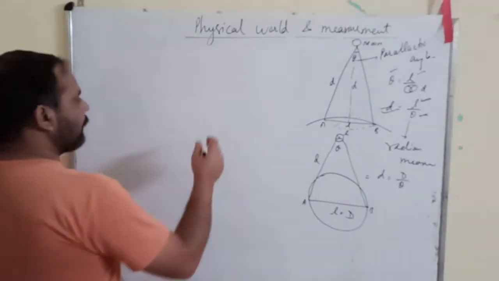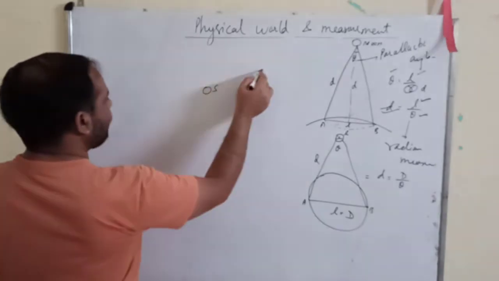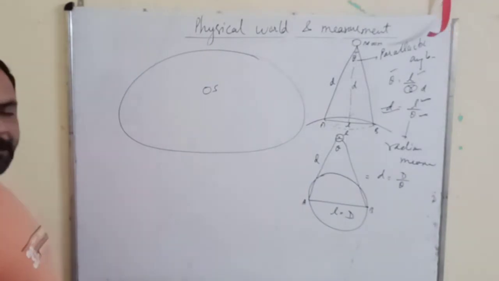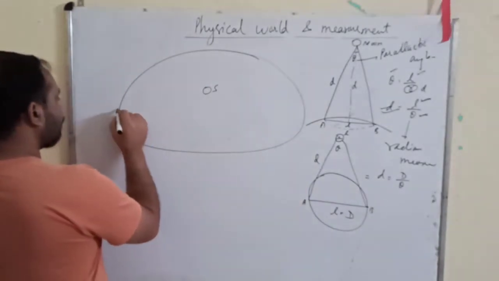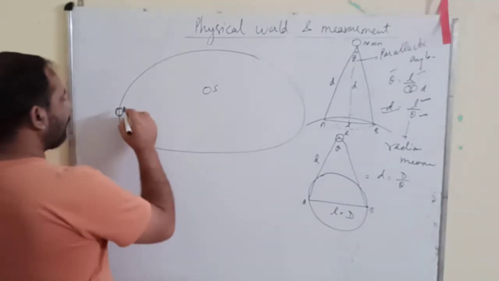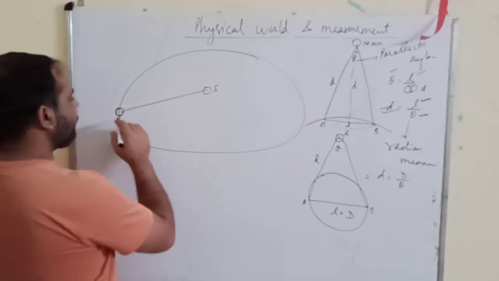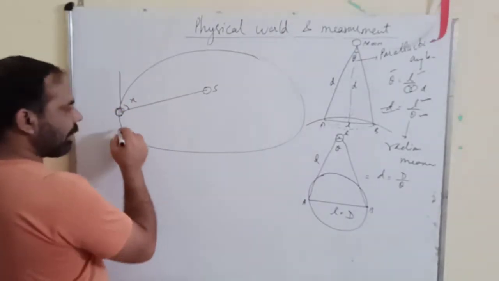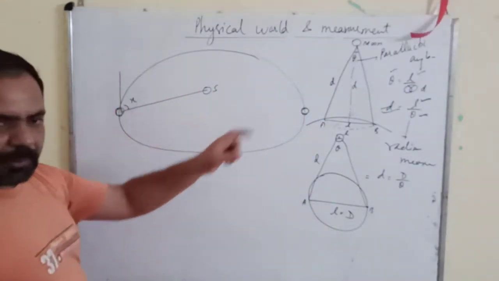So what we will do, suppose this is the sun, and the earth is revolving around the sun like this. When the earth is here, we will look at the sun and measure the angle from the vertical. Suppose it is x. Now after 6 months, earth will reach this point on the orbit, just the opposite point.